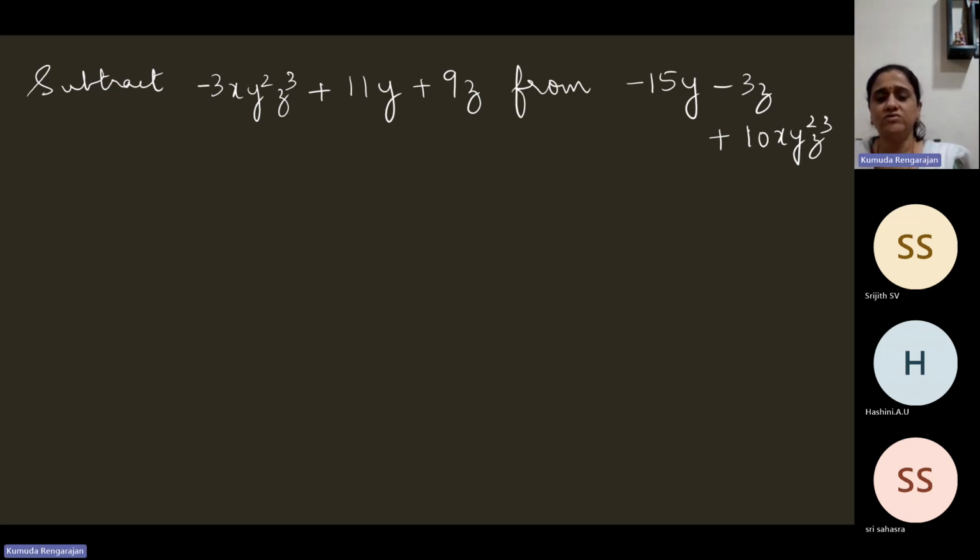And which one to write first? Whatever is after from, that expression you should write first when it's subtraction. So after from, what do you have? This expression. You should write this one first and then this.